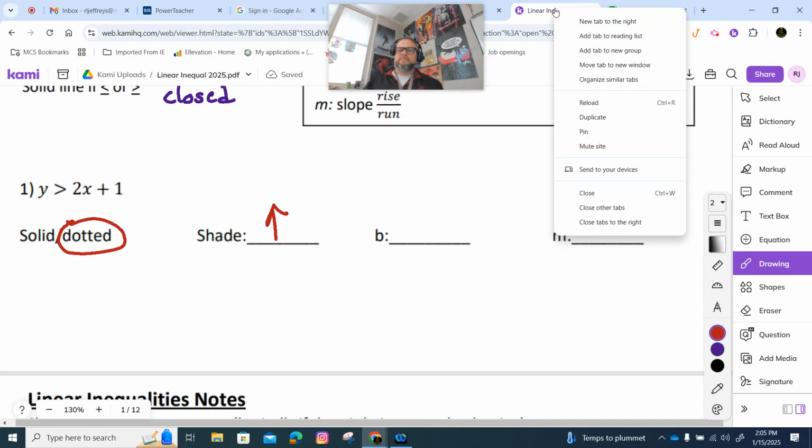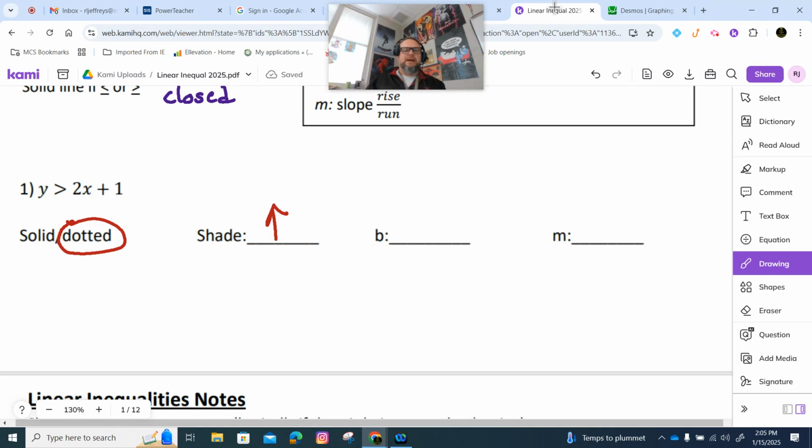Now, B. B is the number without X. What is that number right there? 1. Yeah. Phew. Didn't know if y'all were back with me from that. M is the number beside X. You have two problems on your test just like that, and that's all you had to do.